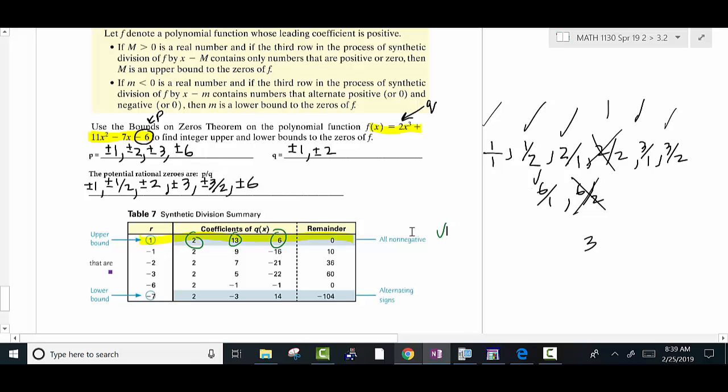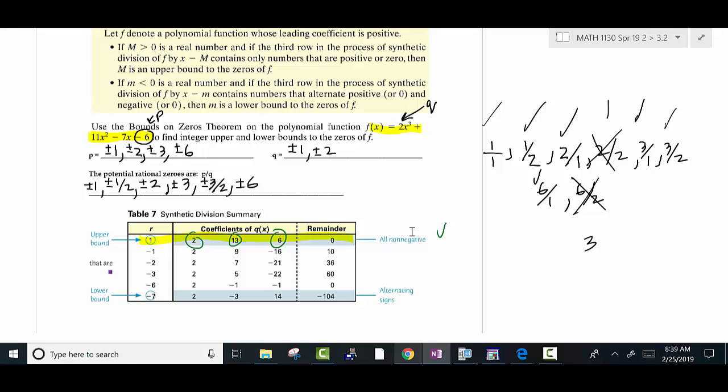Okay, so you're not going to have anything past 1, and that's the reason the textbook didn't take any time to divide by 2, 3, 3/2, and 6, because they're all bigger than 1. Does that make sense? Okay, so that's as big as it's going to be. If you see that division there, then you don't need to go beyond that. Okay, the lower bound goes like this. The signs alternate.